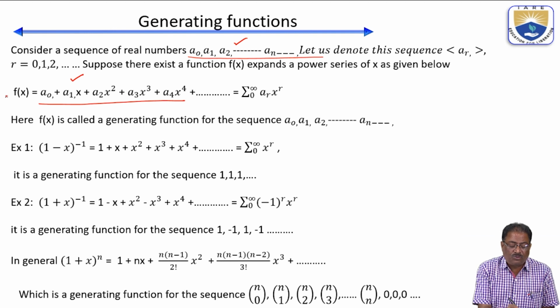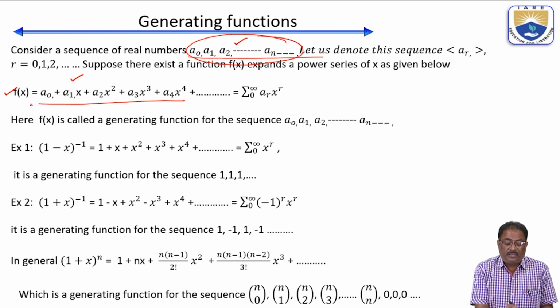Then this is known as a generating function for this sequence, where the coefficients are A0, A1, A2 and so on.